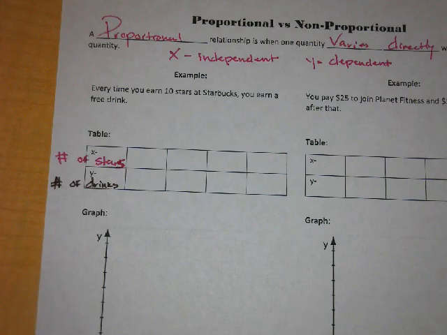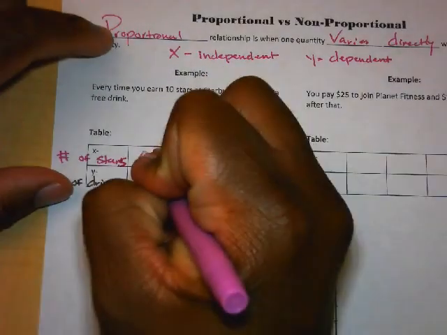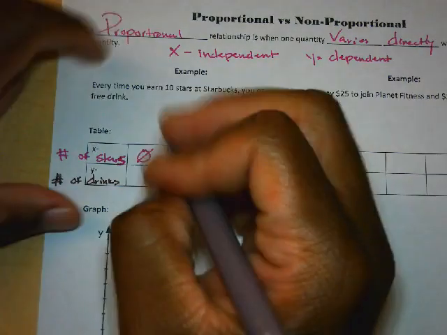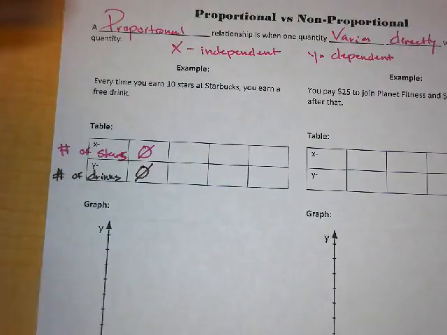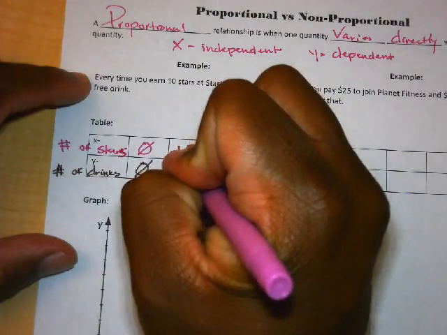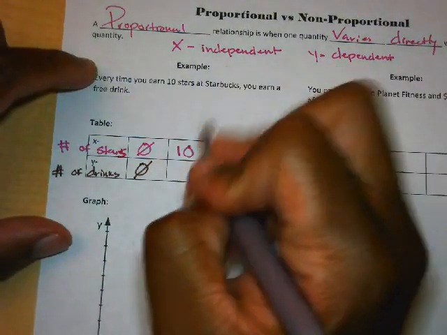So if I earn 0 stars, then I get no drinks. And then we're going to go to increments of 10, because if I earn 10 stars, then I get one drink.